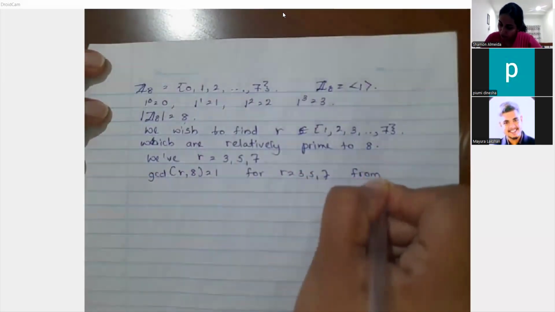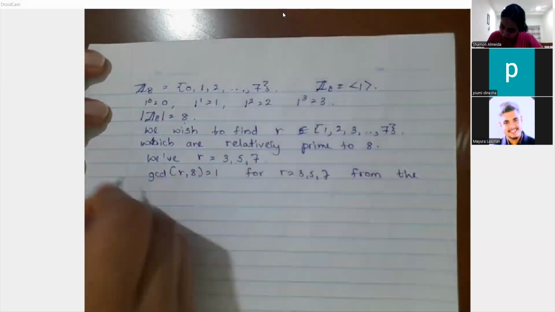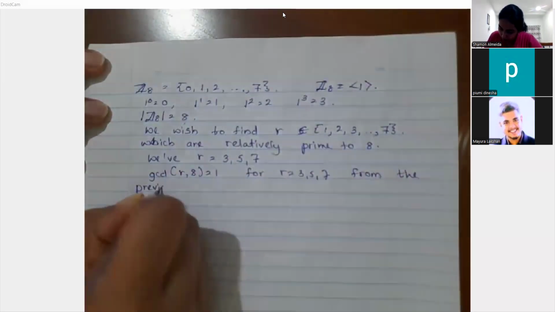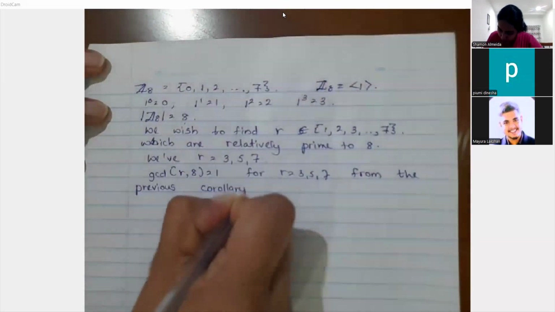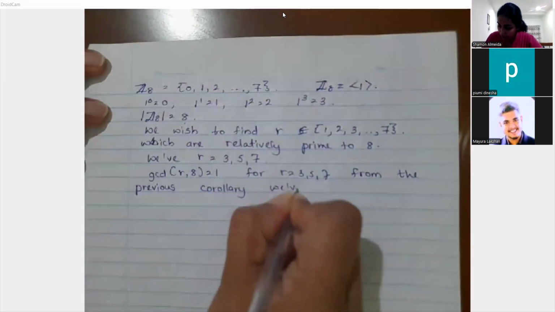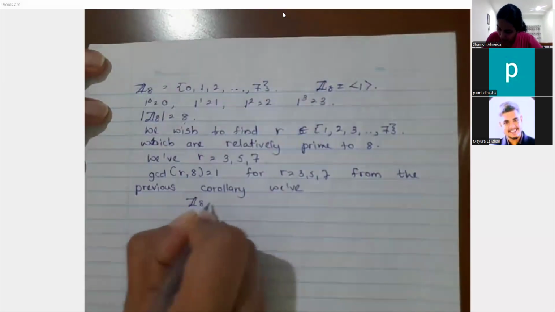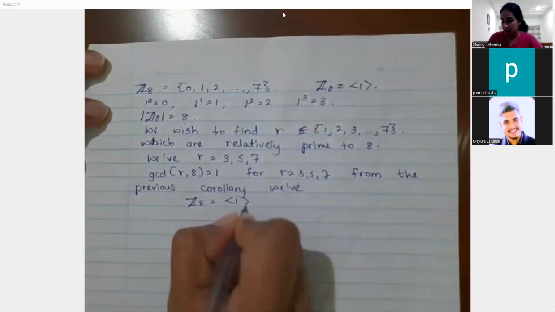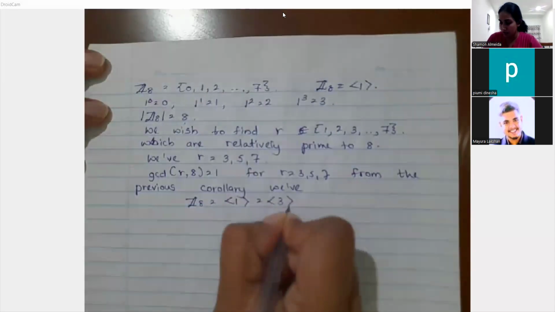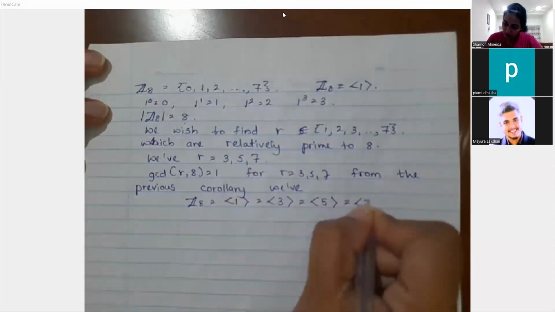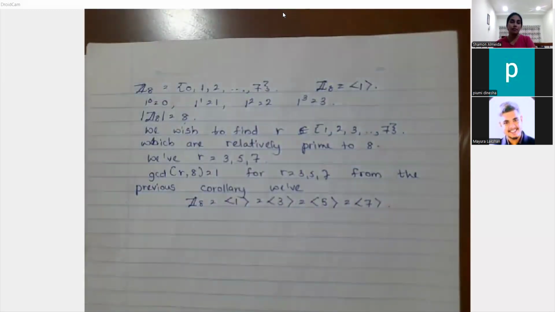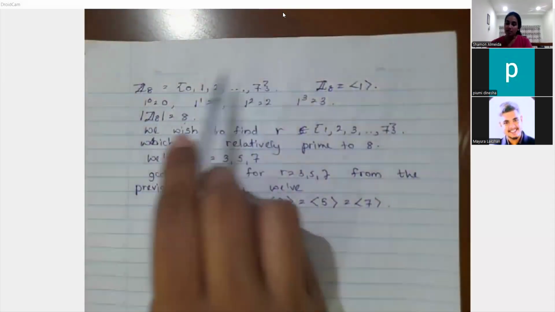From the previous corollary, we have Z8 to be generated by 1, we already know, 3, 5, and 7, right? Okay, so we've got 8 elements all together.